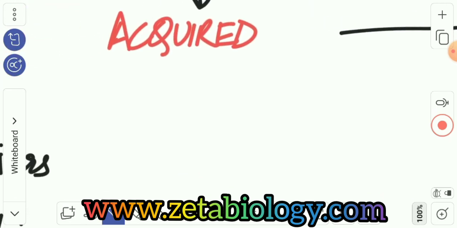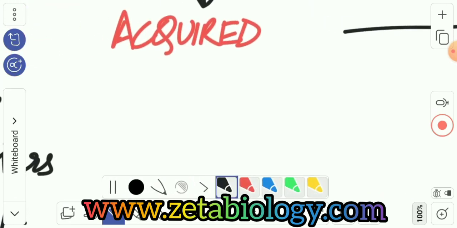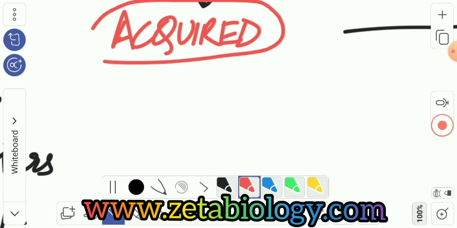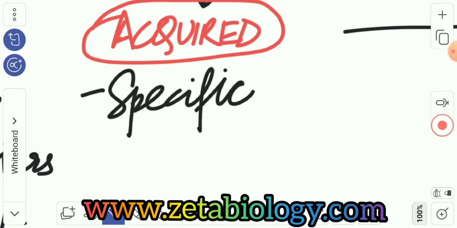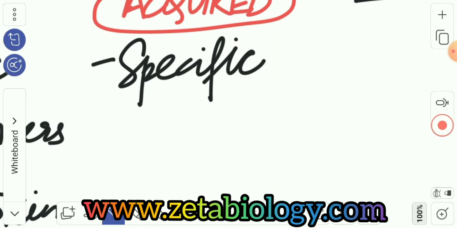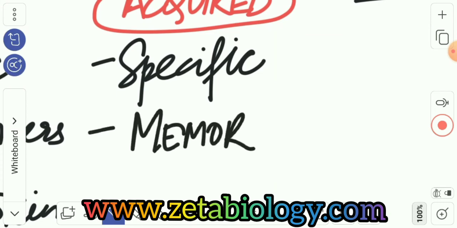Okay, now let's talk about acquired immunity. So what is acquired immunity? This is specific, and this is characterized by memory. This is an important point. Characterized by memory.